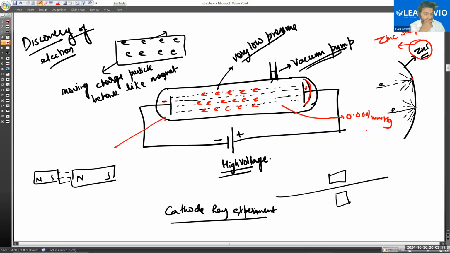Sir, should we draw zinc sulfide? Zinc sulfide is a screen that generally glitters. Sir, should we draw this? Yes, you can draw this one. They glitter when electrons strike over it. So he puts the zinc sulfide screen here, and note it fast.